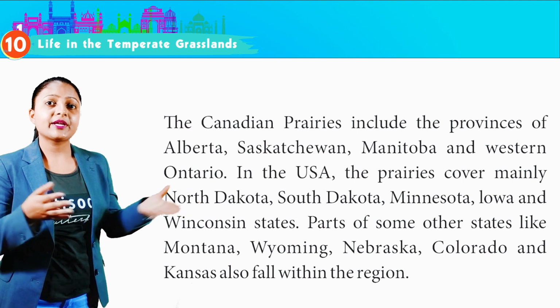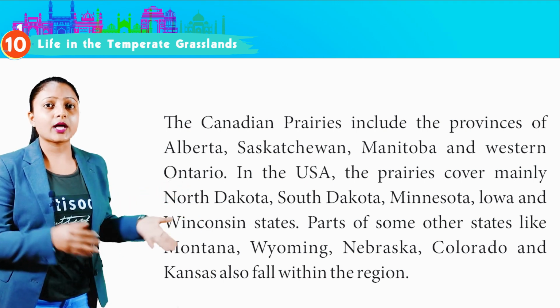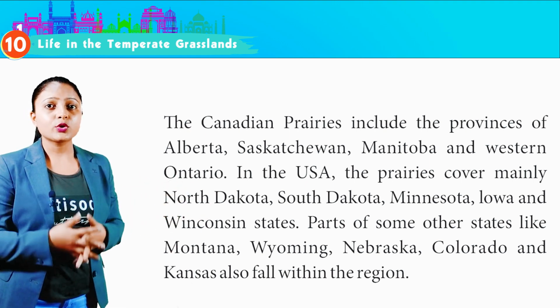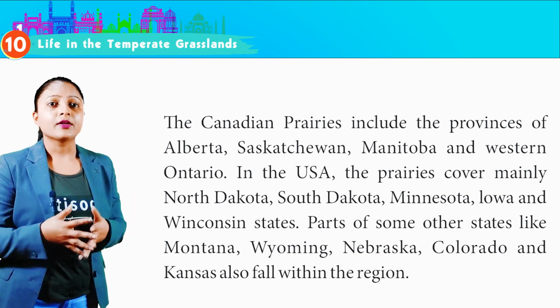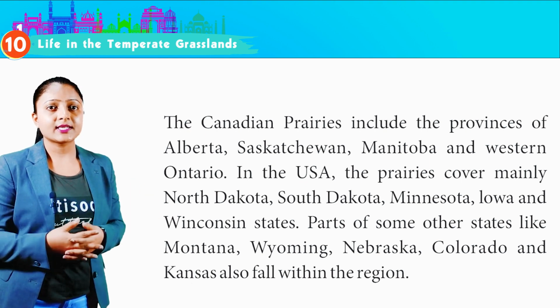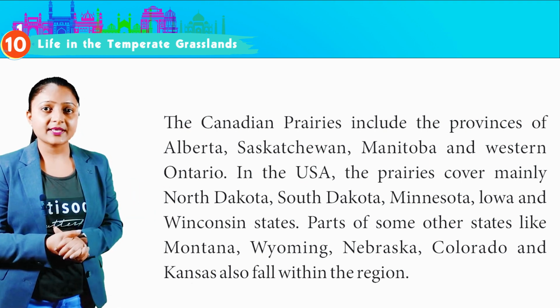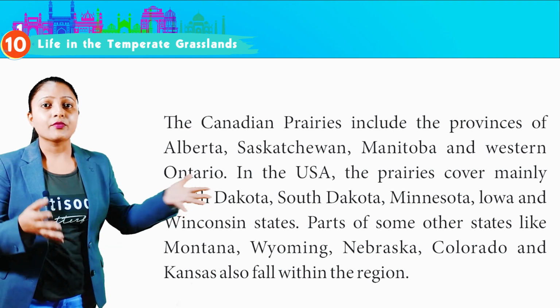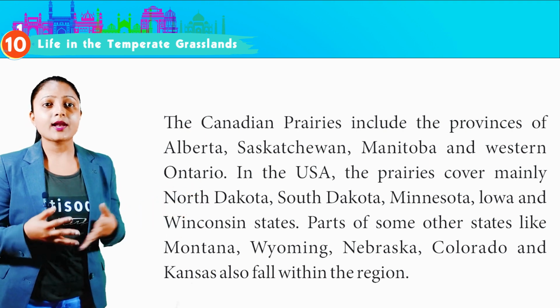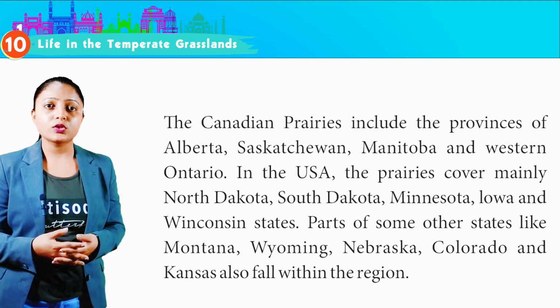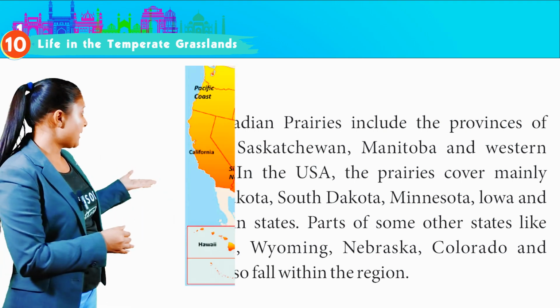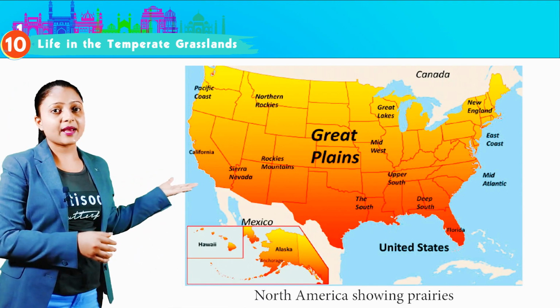In the USA, the prairies cover mainly North Dakota, South Dakota, Minnesota, Iowa, and Wisconsin states. Parts of some other states like Montana, Wyoming, Nebraska, Colorado, and Kansas also fall within the region. This map is showing prairies in North America.